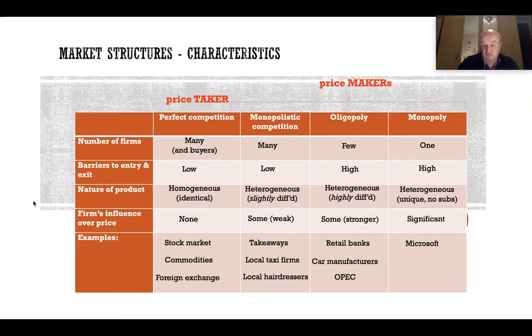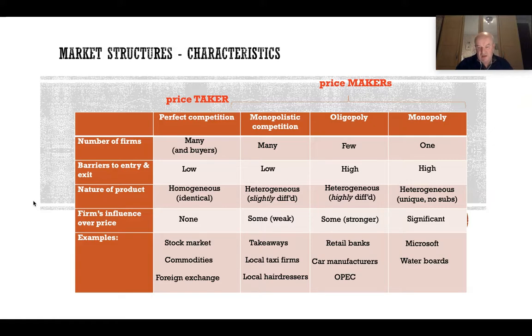So Microsoft, in terms of software, are in a very strong position, as you may know. The water boards are another type of monopoly. If you think about where we live, it's either Bournemouth Water or Wessex Water, I think, that have the Bournemouth Pool and Dorset carved up between them.